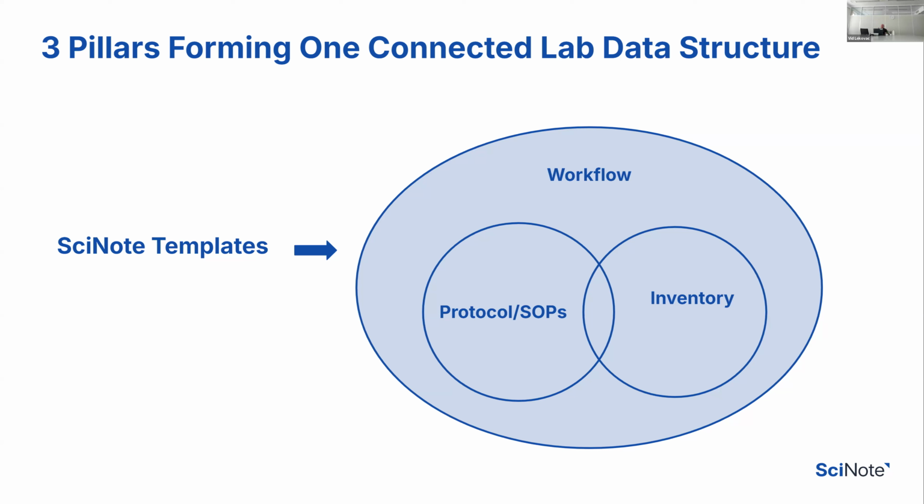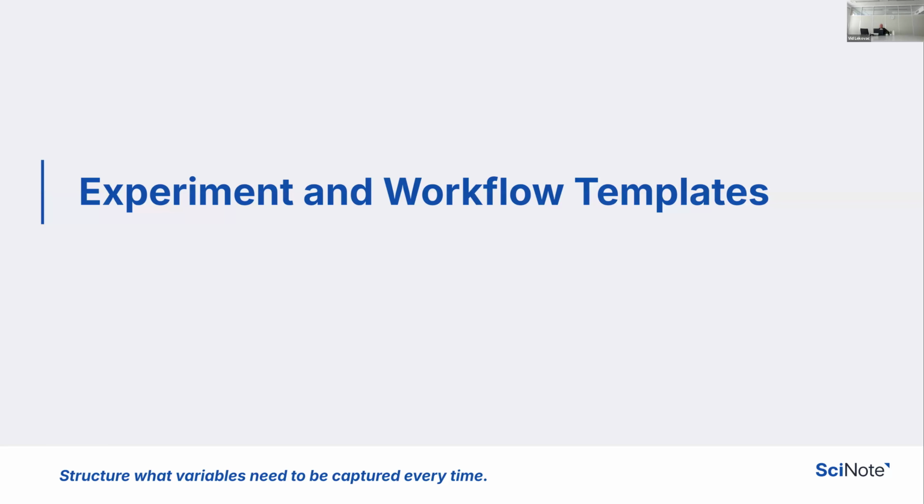The library of SOPs, the inventory items, what's being used, it's all connected within experimental workflows. So the three pillars are workflows, SOPs, and inventories. We're going to start with the highest data structure, so with the workflows: experiment and workflow templates.